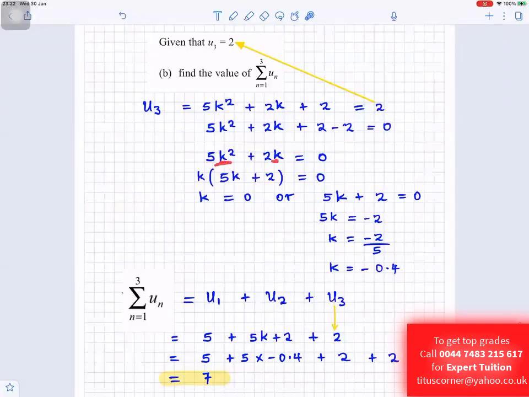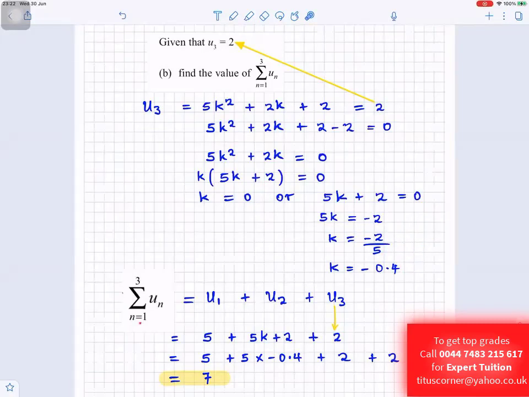There's k there and there's k there, so factorize k out and we have k(5k plus 2). So either k is equal to 0 or 5k plus 2 is equal to 0. Plus 2 goes to the right, it becomes minus 2. Times 5 goes to the right, it becomes divided by 5. So k is 0 and k is minus 2 over 5. Minus 2 over 5 is the same as minus 0.4.